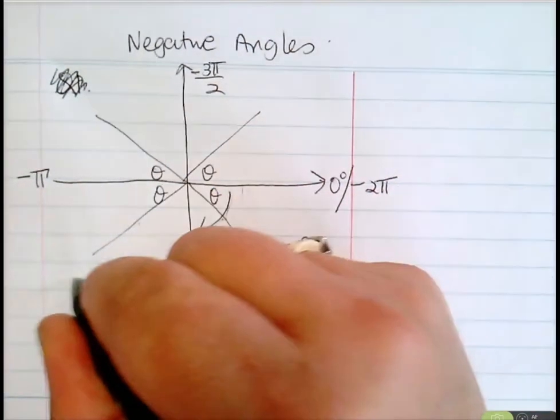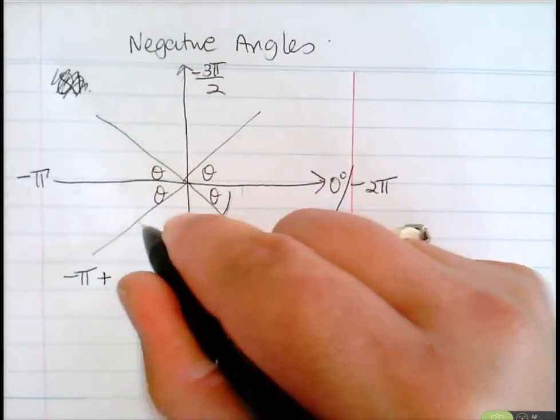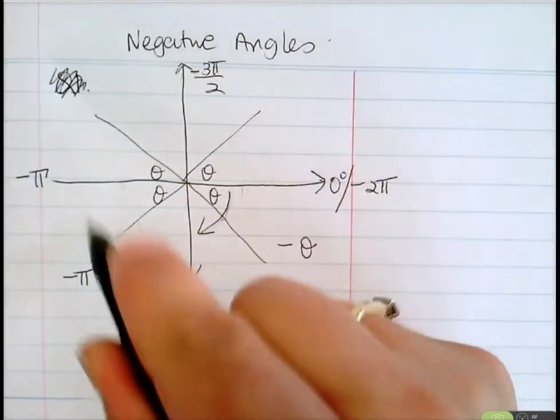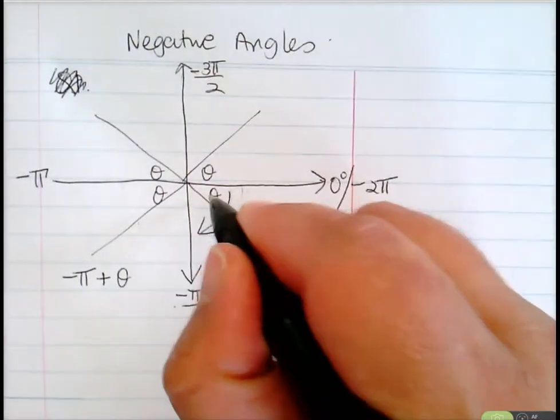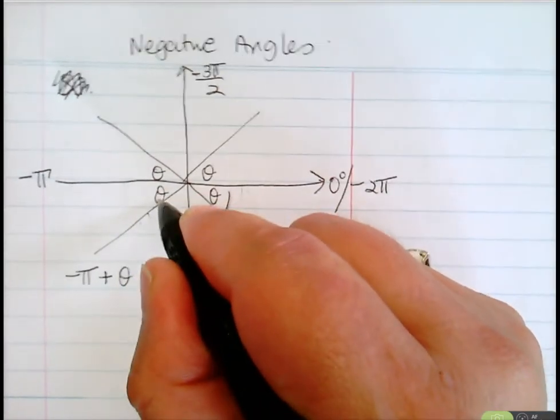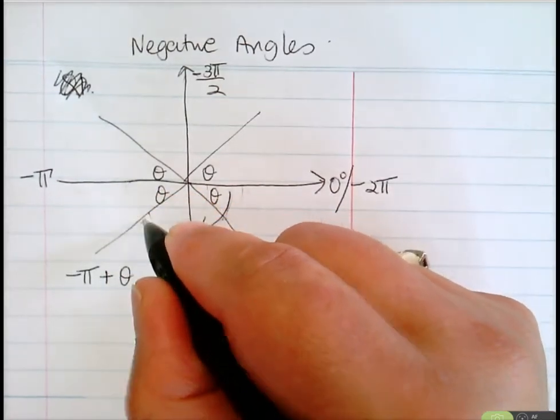I've gone negative direction, minus pi plus theta. Girls, quadrant 3 is always plus theta, whether it be a positive angle or a negative one. It's minus 180 plus theta, because to get to that line and involve theta in the naming of the angle, you've got to go all the way to minus 180 and come back for plus theta.